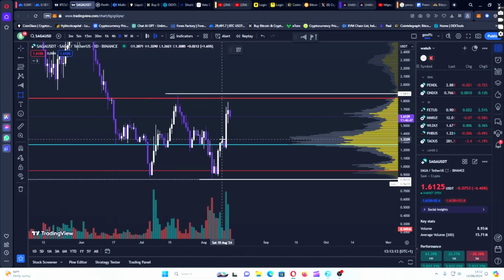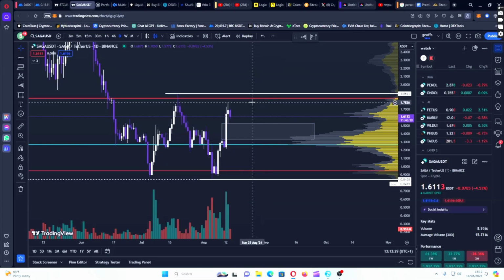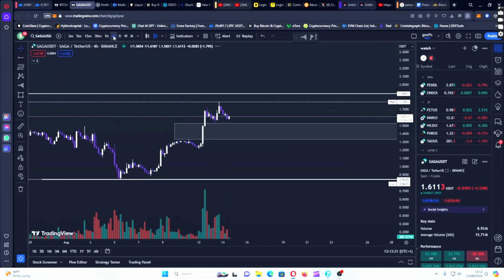I'll let you know the price. There's the bullish fair value gap between the prices of 1.5261 and 1.3361. So if we go into the 4 hourly, have a little look.